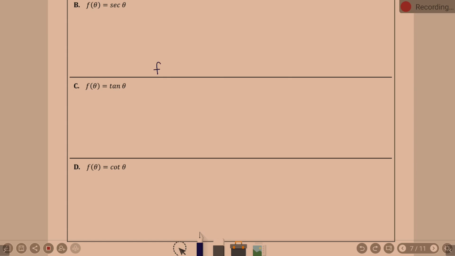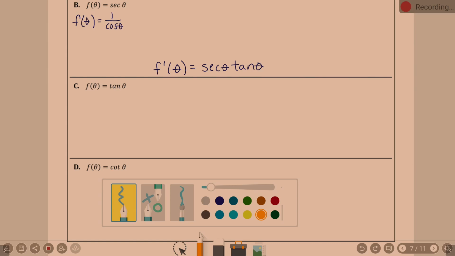If we had worked this one out, the derivative of secant theta would be secant theta tangent theta. The difference is it's positive. Okay? And obviously we would have started this one as secant is 1 over cosine theta, and we would have gone through the same steps. Okay?